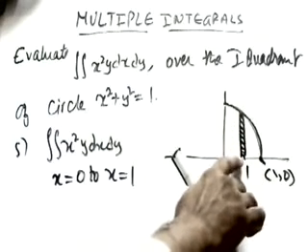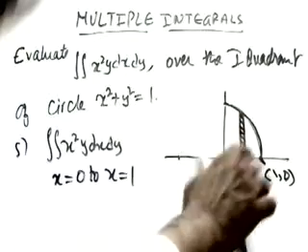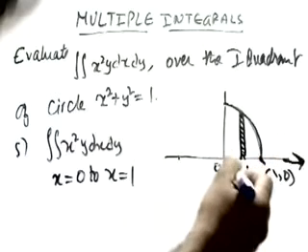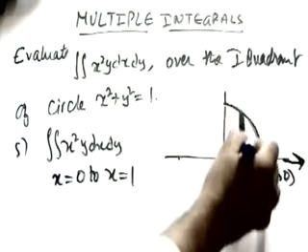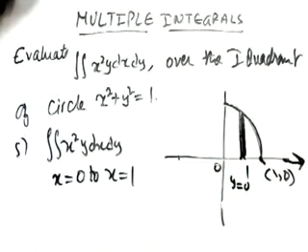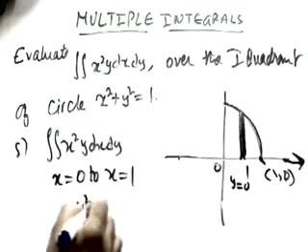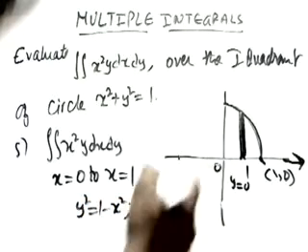So you see here, when you go up, carefully, we are going from the x-axis to the circle. Wherever you take the line, you go from the x-axis to the circle. Now the equation of the x-axis is y equals 0, so y goes from 0 to the circle, y square equals 1 minus x square.